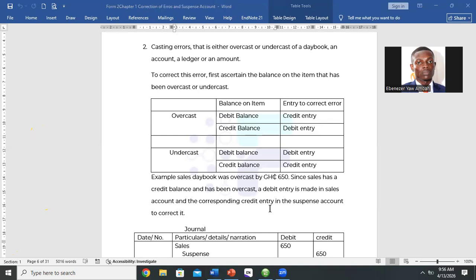I think today I'm going more with the gentleman. Prof. Aseda also, can you read casting errors for us?